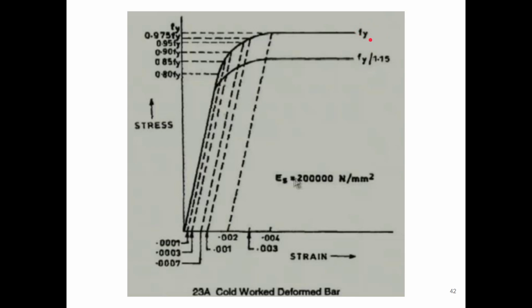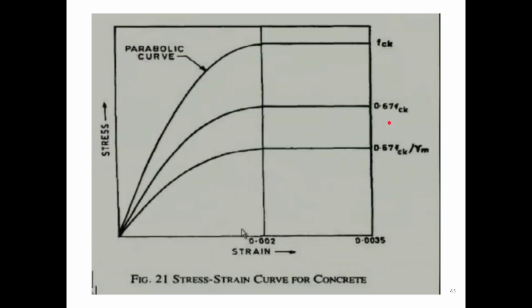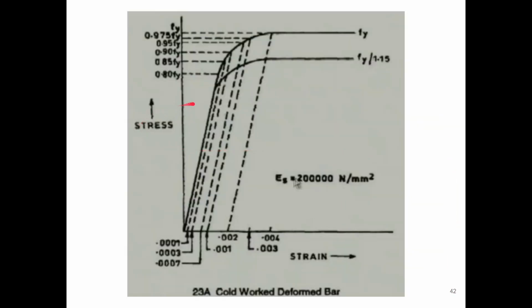The situations are ideal, so we only divide for the material uncertainty, and it is not 1.5, it is simply 1.15. A little bit of error will be there, a little bit of uncertainty, but not as much as in the real environment. That's why we divide only one time.